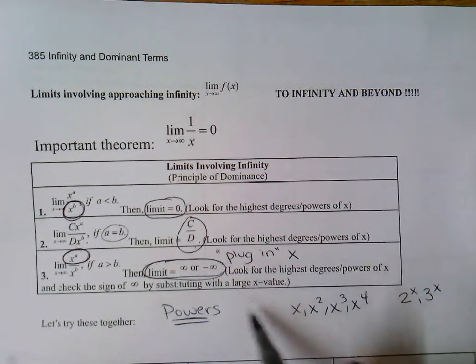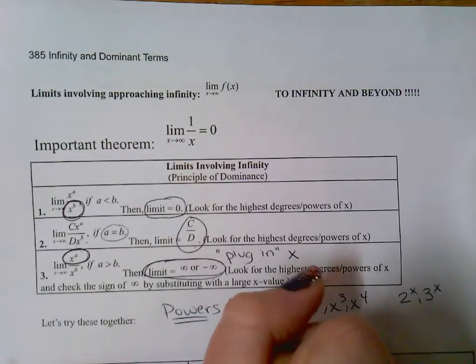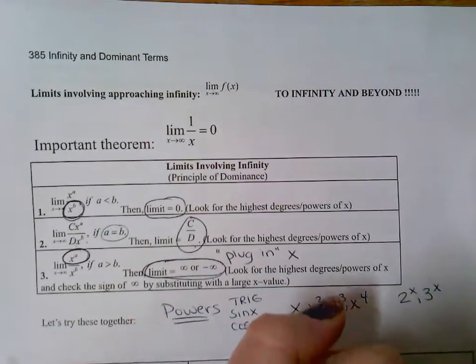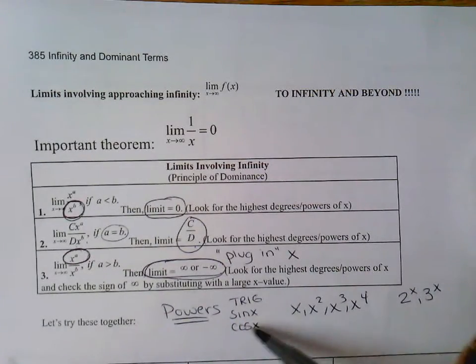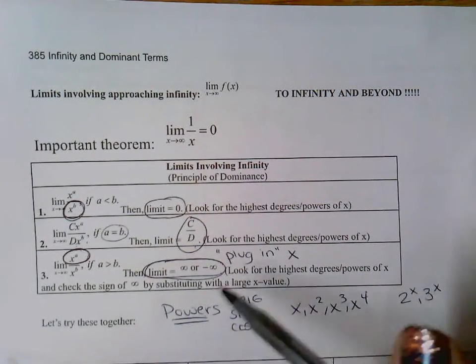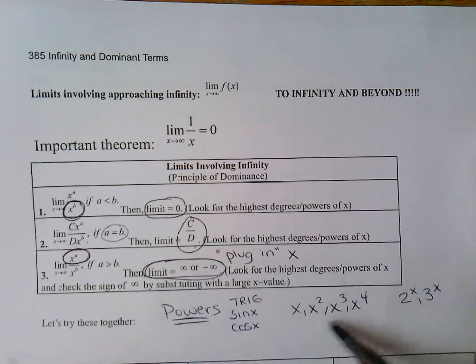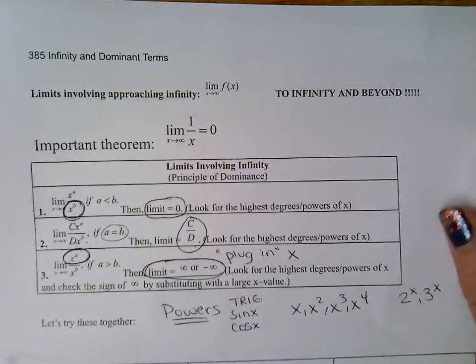The ones that will always lose are trig functions like sine of x or cosine of x, because depending on their amplitude, they usually stay between 1 and -1. So polynomial functions are going to get bigger and bigger faster than a trig function will. When you're comparing powers, that's important to keep in mind.